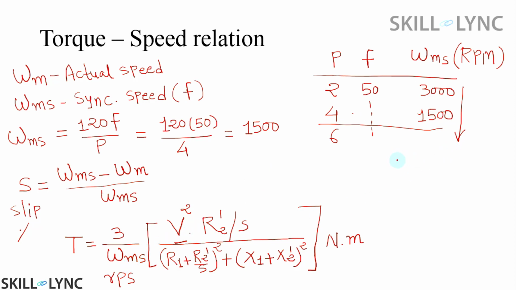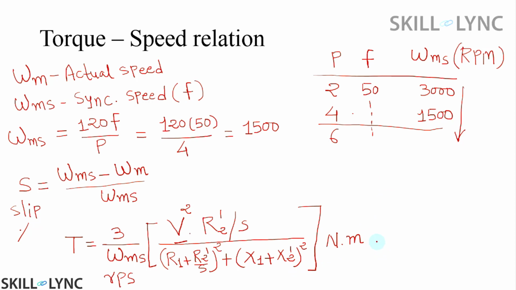so let's say a 440 volt delta connected motor, you have to change that voltage to the per phase voltage and put it here. Because we are multiplying this with 3, we are considering per phase equivalent parameters, and this voltage is also per phase. R2 dash, R1 and X1 and X2 dash are the equivalent circuit parameters.